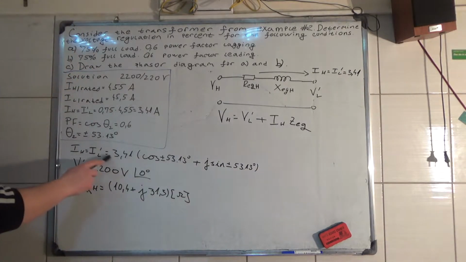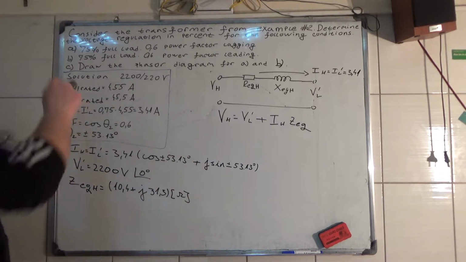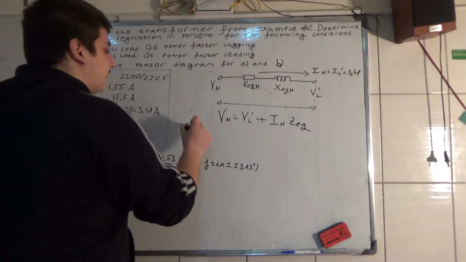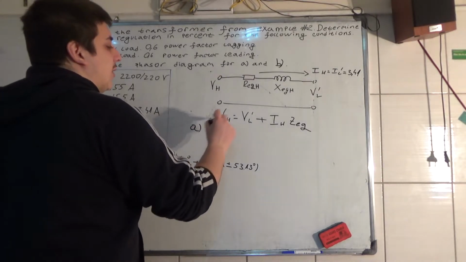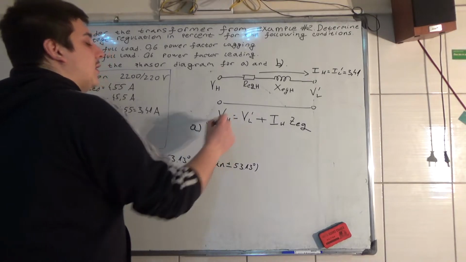So this is the complex value of the current. Now we're going to do A first. For A, we need to calculate the high value of the voltage.